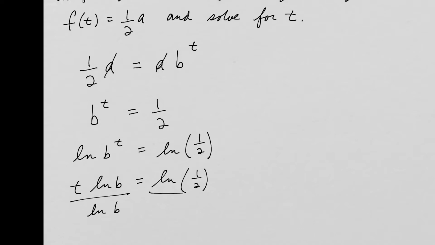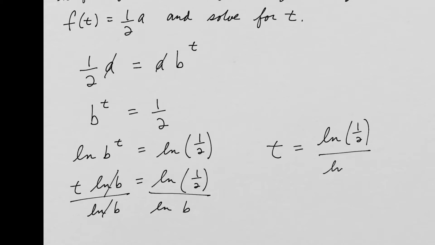So this will cancel, and that is my equation for the half-life. So I'll write it here. t is going to be equal to natural log of 1/2 divided by natural log of b. So it really just depends on b. If we know b, then we can plug into that equation, and that will give us the half-life. So this time right here is the half-life.